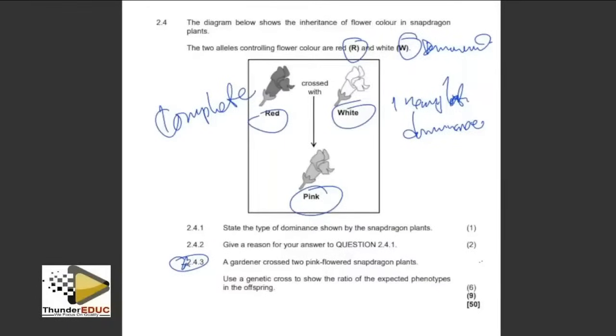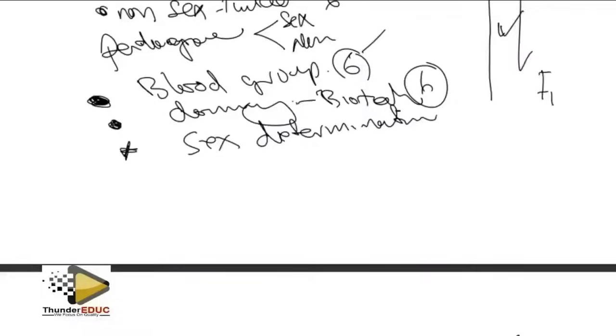They're saying a gardener crossed two pink flowered snapdragon plants. Using the genetic cross, show the ratio of the expressed phenotypes in the offspring. Remember I told you that the first thing you need to do is to write P1, F1.